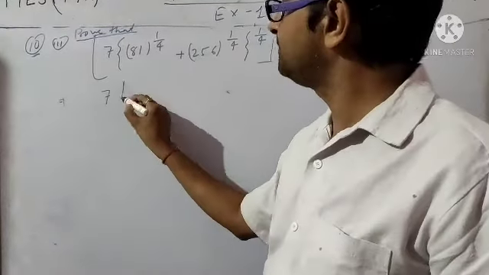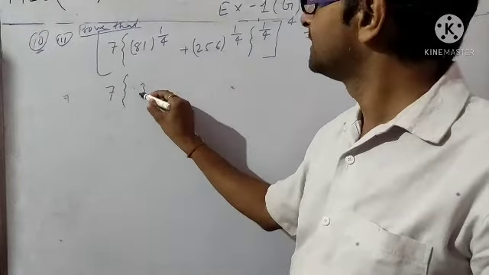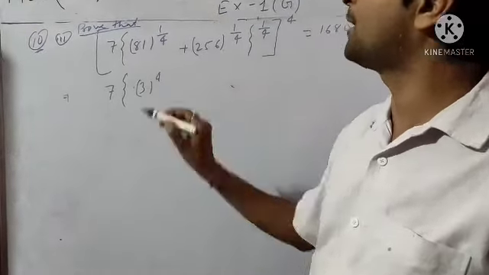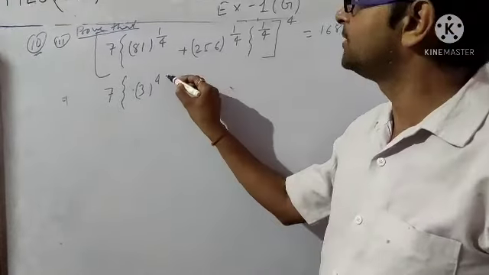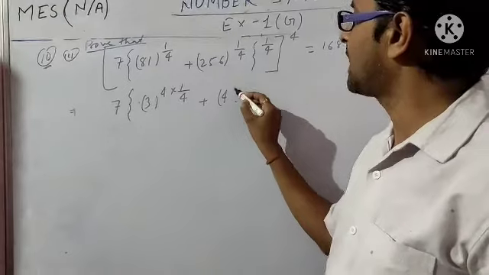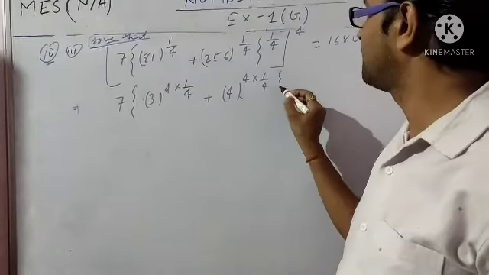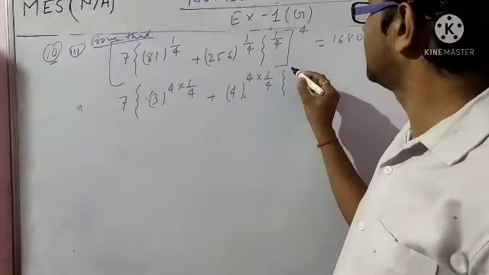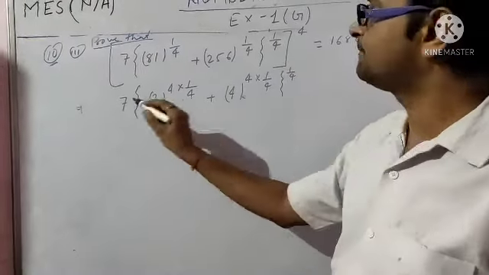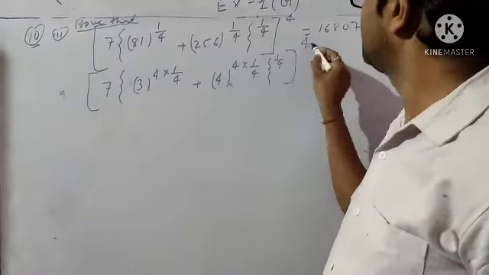Here 7, middle bracket, 81, 3's power 4, we know that 3 to the power 4 is equal to 81, into 1 by 4, plus here 4 to the power 4 into 1 by 4, middle bracket is closed, and the 1 by 4 and the complete bracket here is the 4.